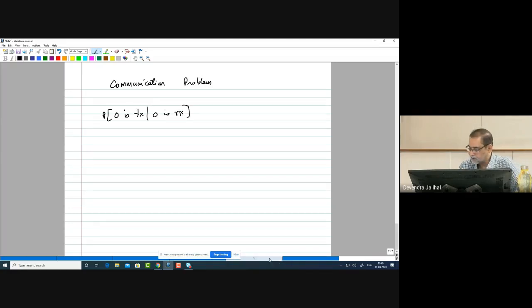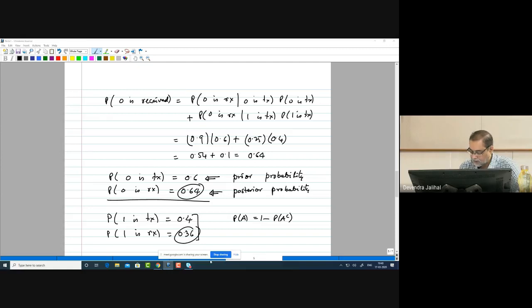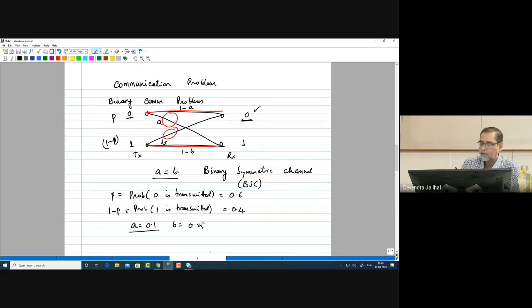Right? In this problem, I'm standing at the receiver, and I've received a 0. I'm asking this question, given that I've received a 0, what is the probability that a 0 was transmitted?